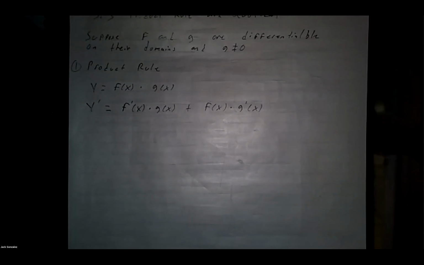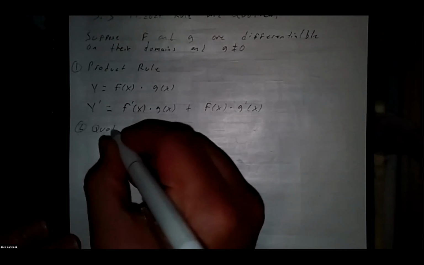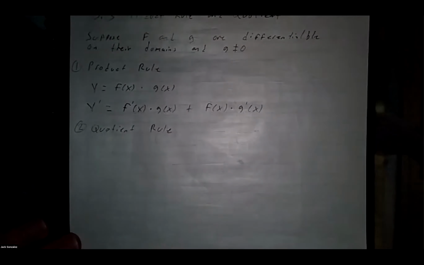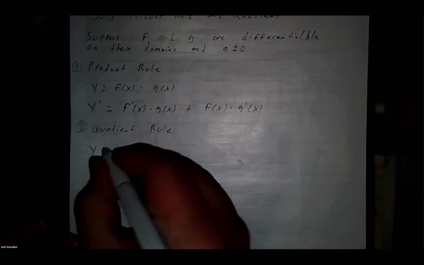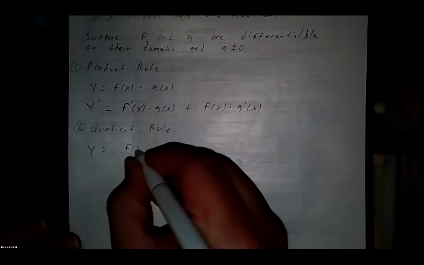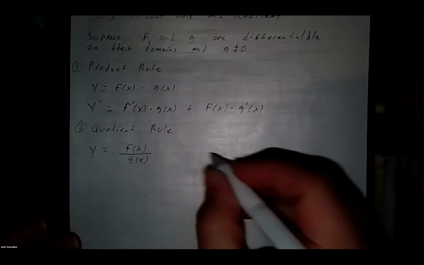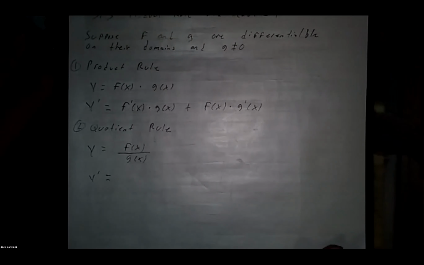Okay. Now quotient is when you have division of two functions. So quotient rule, let's say y is equal to f of x over g of x. The derivative will be the following.